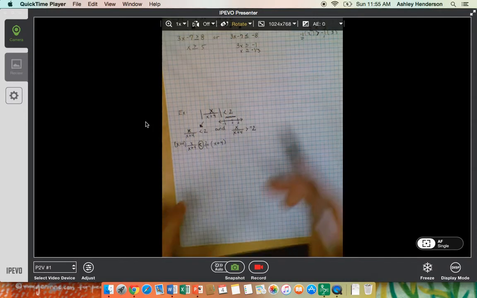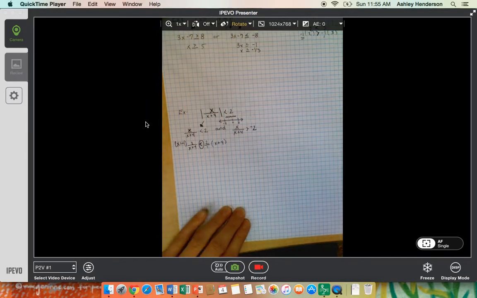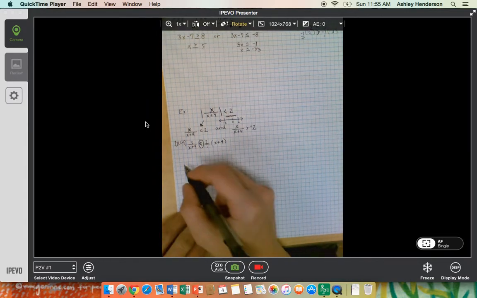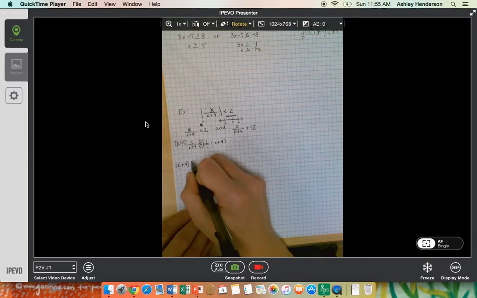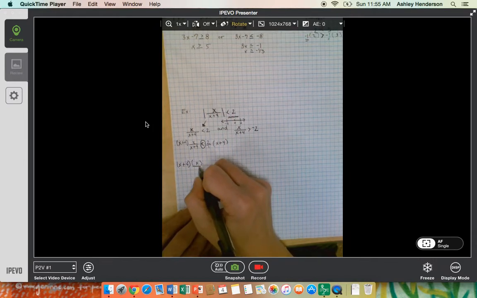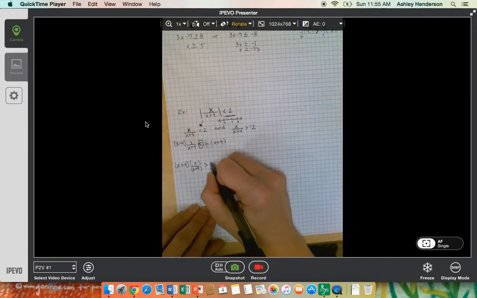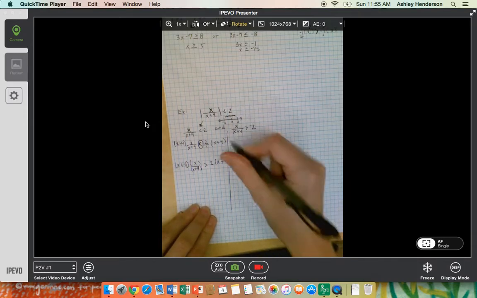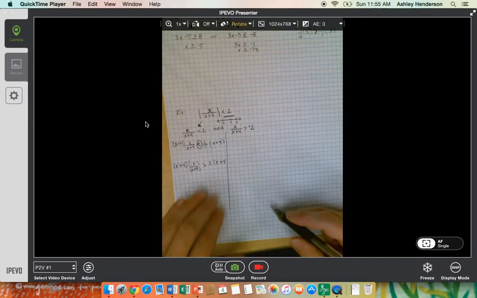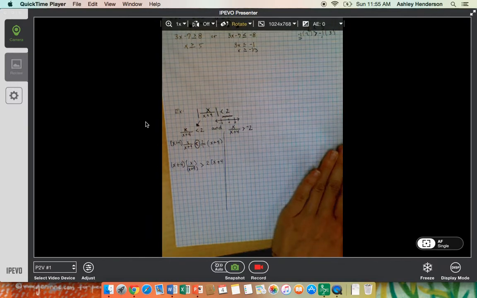So what I technically should do is write two inequalities, one where it's this way and one where it opens the other way. Now that sounds like a total nightmare, and then I would have to do it all over here again.